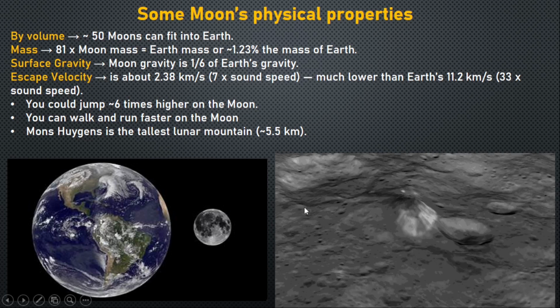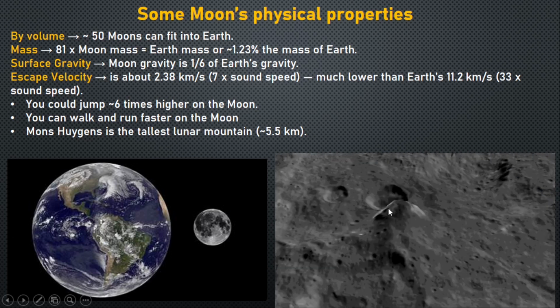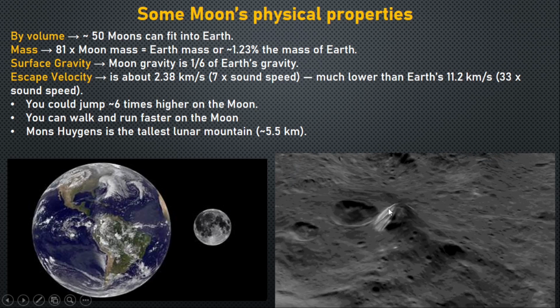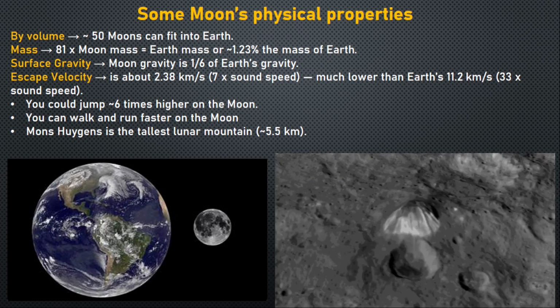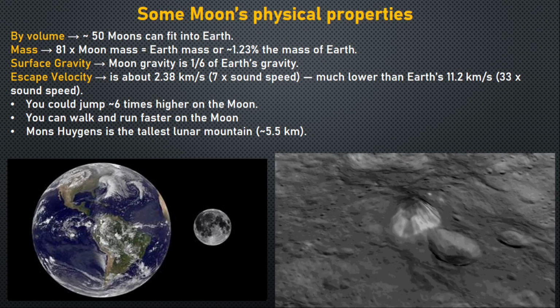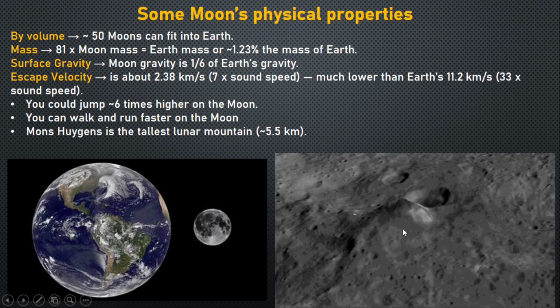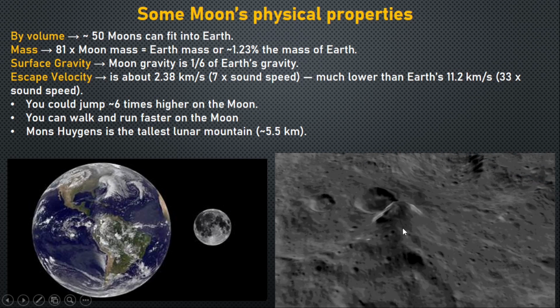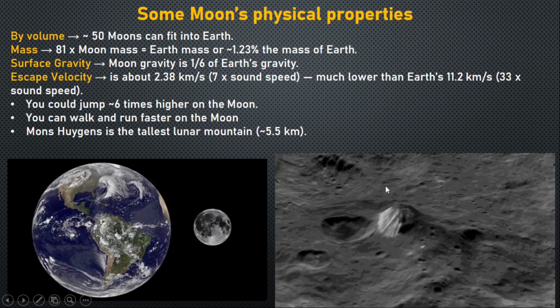Here's a picture of that mountain, the tallest on the moon. And mind you, the process of mountain formation on Earth and the moon are different. On Earth there are tectonic activities, but on the moon there is no river or water. So most mountains are from huge asteroid impacts in the past.